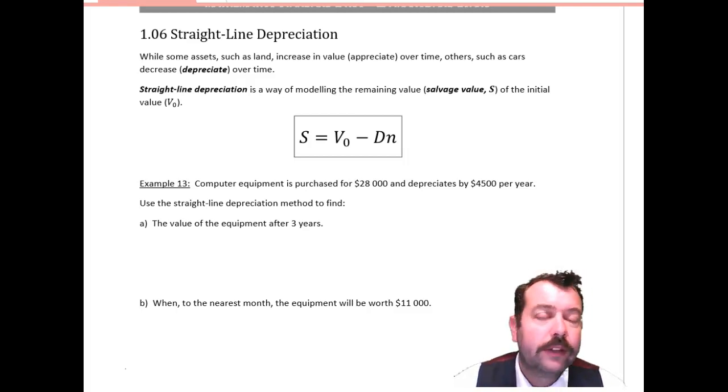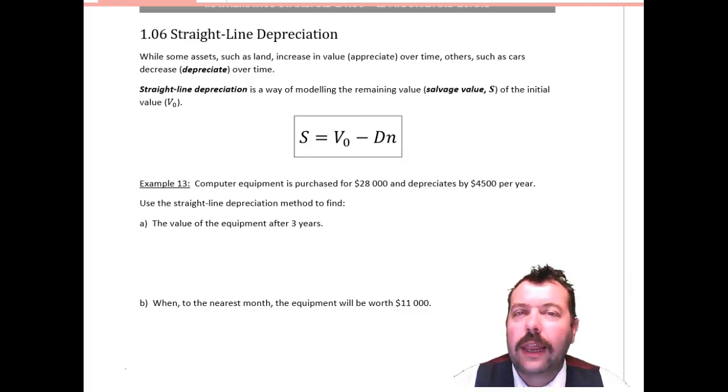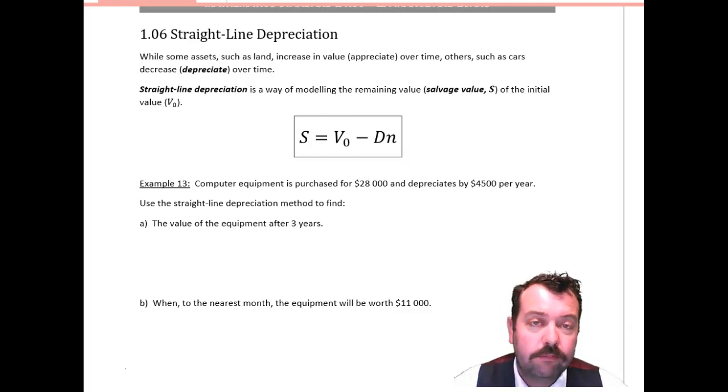Remember, in maths, subscripts are those little numbers just below the line. They're like a label, so that 0 means time equals 0. So the initial value of that asset is what I paid for my car. S for salvage is what it's worth somewhere down the track.